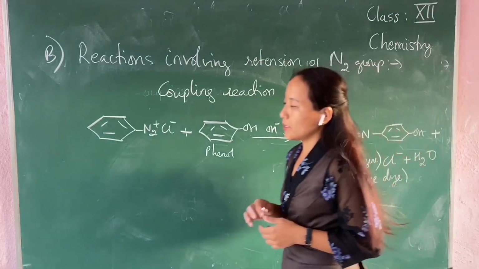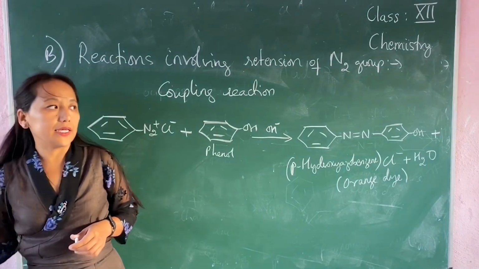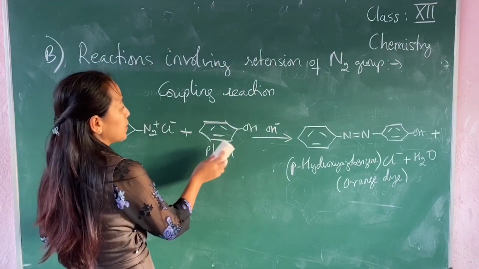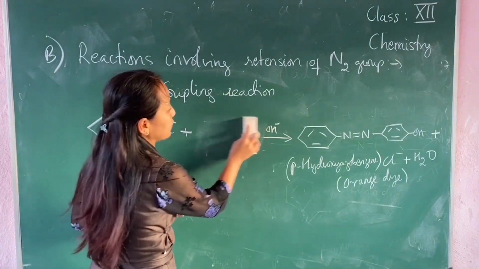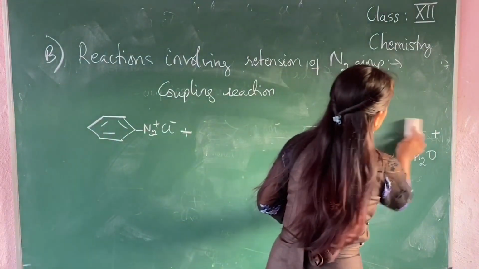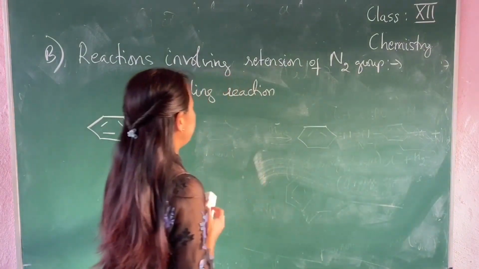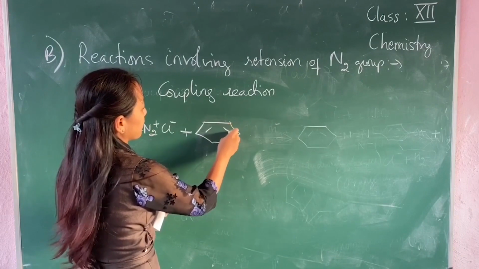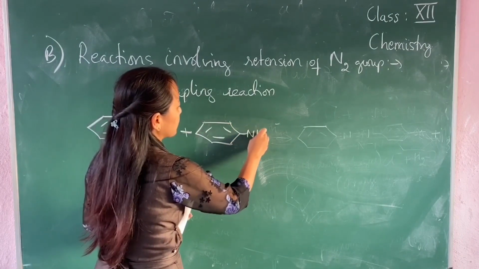Now the next one is I can take benzene diazonium chloride with aniline instead of phenol. So I'm going to do this reaction with aniline. NH2.